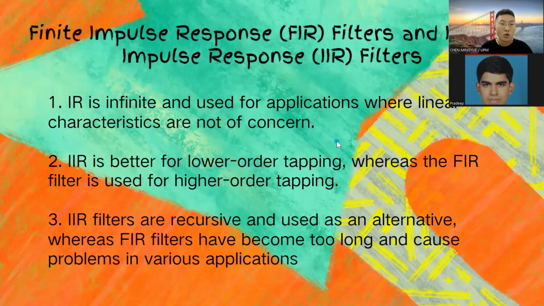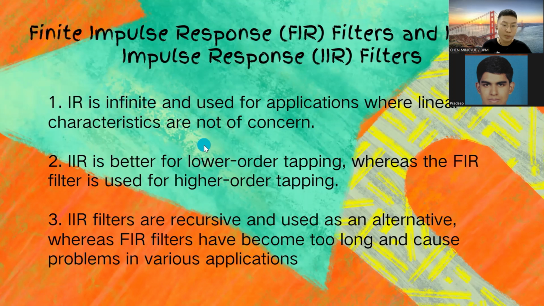Okay, what are finite impulse response filters and infinite impulse response filters? Number one, IIR is the infinite and used for applications where linear phase characteristics are not of concern.